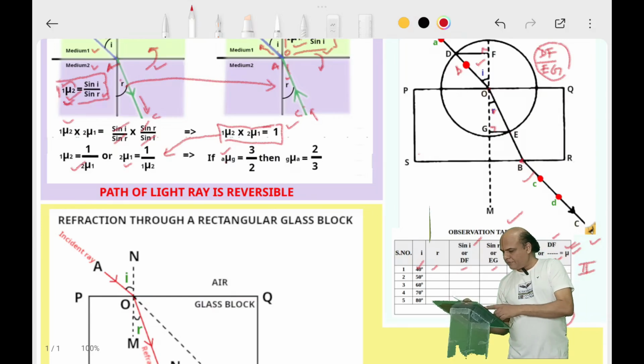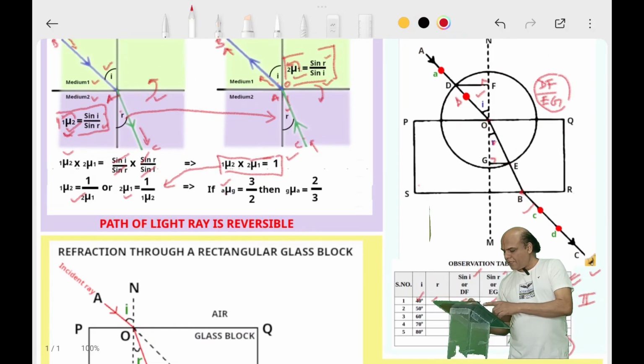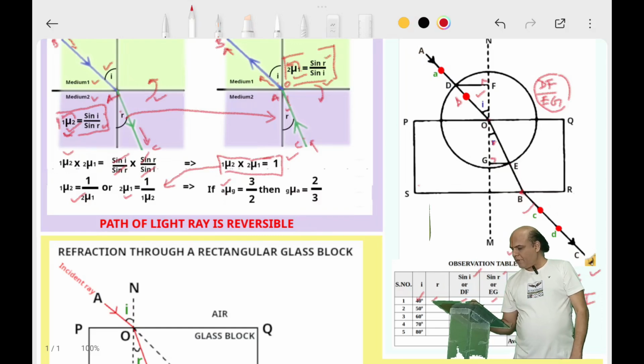From point O, we are drawing a light ray in the direction AO, a straight line at an arbitrary angle i, say 40 degrees. So AO would be the direction of the incident ray.